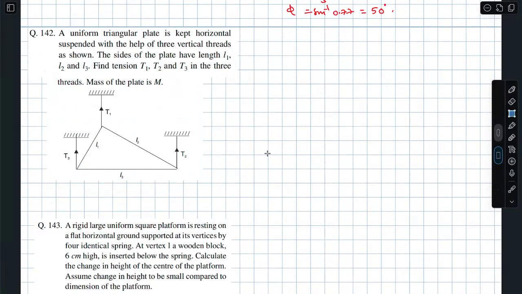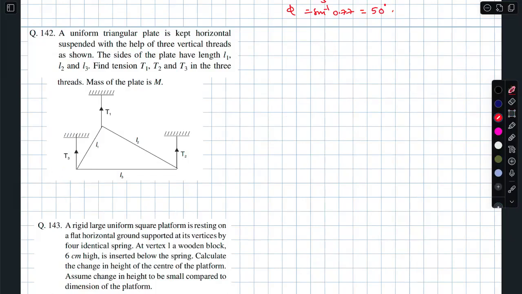A uniform triangular plate is kept horizontal, suspended with the help of 3 vertical threads as shown. The sides of the plate have lengths L1, L2, L3. Find the tensions T1, T2, T3 in the 3 threads.